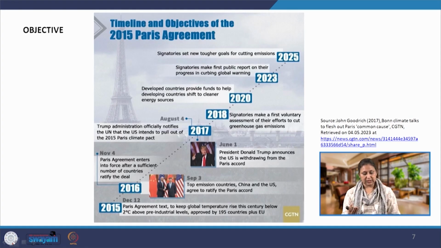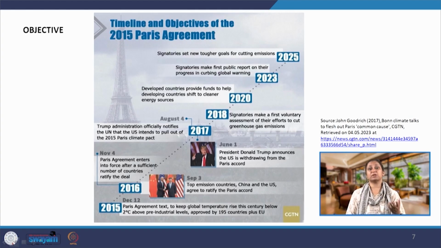In 2020, developed countries have to provide, so this was added to the Paris Agreement, funds to help developing countries shift to cleaner energy sources. So, while in the Kyoto Protocol we had seen that there was a binding on developed countries to cut their emissions, and there were flexibility mechanisms through which they could invest in developing countries in emission reduction projects, here the developed countries are required to fund and help developing countries to shift to cleaner energy sources.